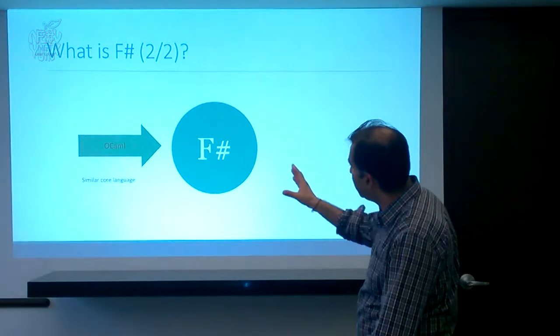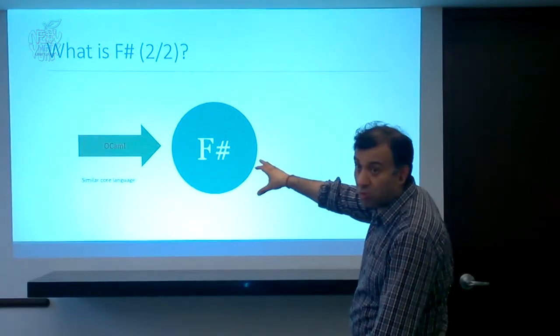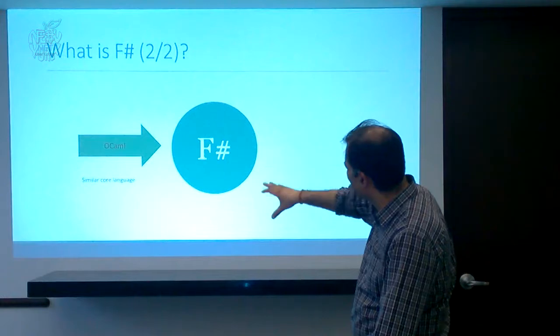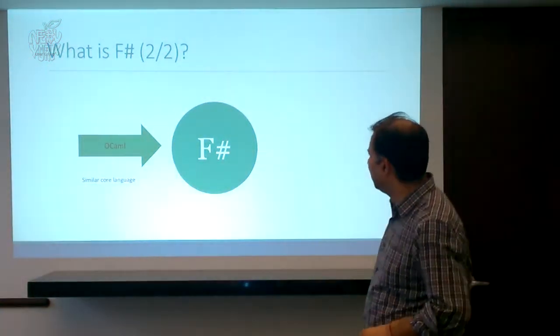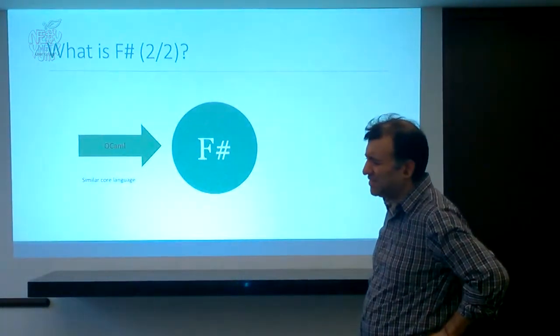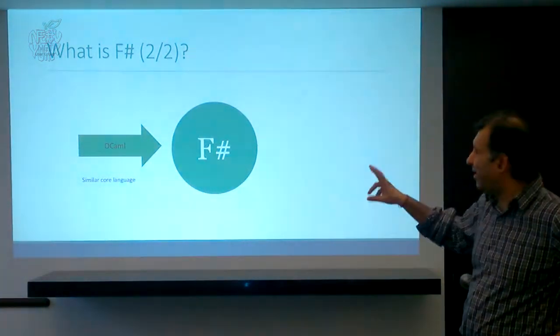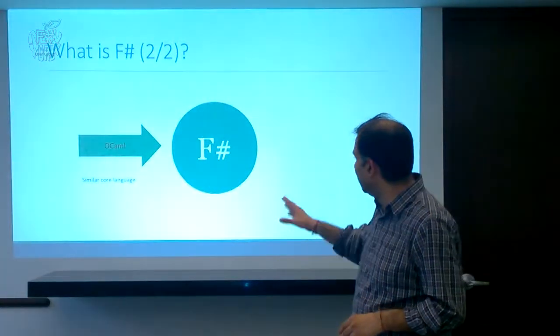So FSharp essentially shares very similar code with the language called OCaml, which stands for Object Categorical Abstract Machine Language, for those who are interested. It was a language developed in France in 1996. 1996, I think, was Caml, and then they added the O in 98, which is object-oriented Caml.